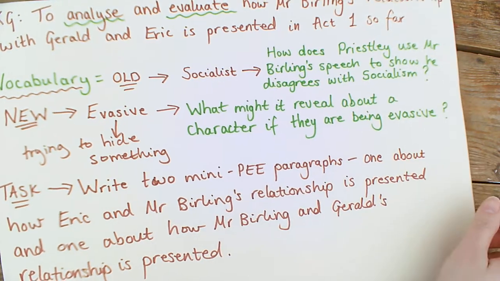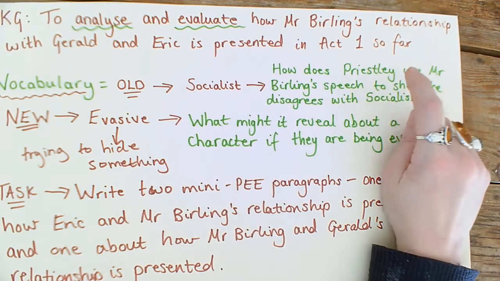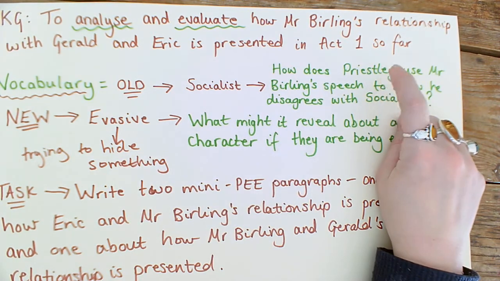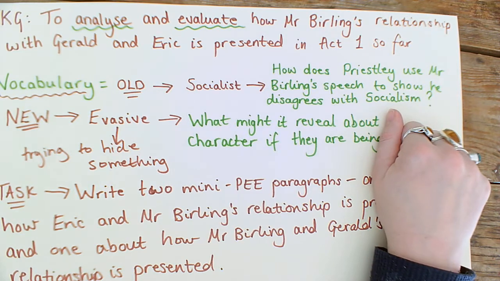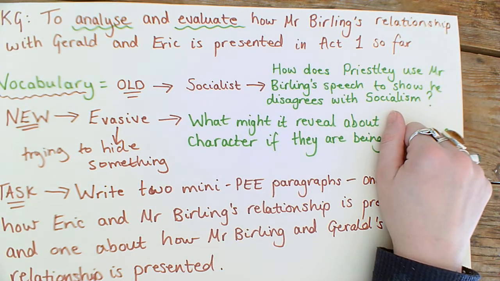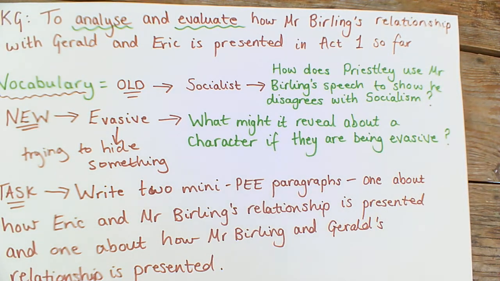So, how does Priestley show that Mr. Birling disagrees with socialism? Well, firstly, he calls people like H.G. Wells and Bernard Shaw, who were socialist writers, cranks, meaning idiots. So he completely disagrees with their writing and their ideology, their views. But also this whole capitalist idea of caring about making a profit, talking down about the labour strikes.